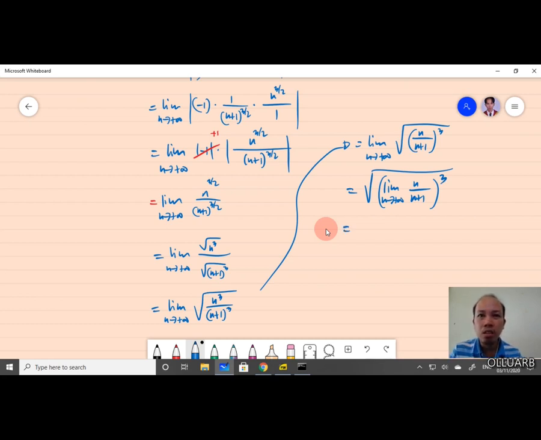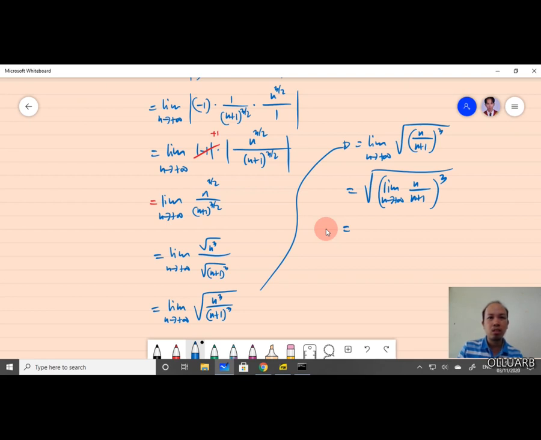If you take the limit of n over n plus 1, all you have to do is multiply both numerator and denominator by 1 over n. The numerator is 1, but the denominator is 1 plus 1 over n, and the limit is 1.